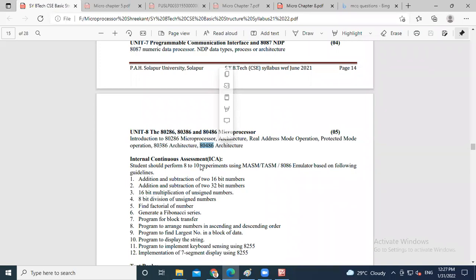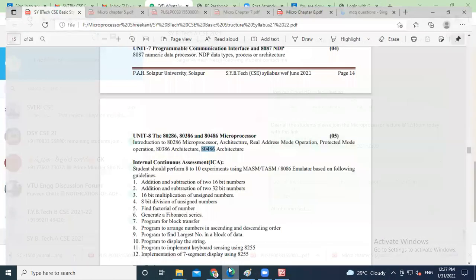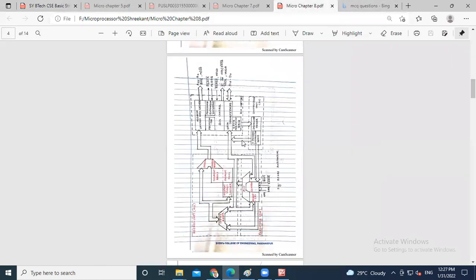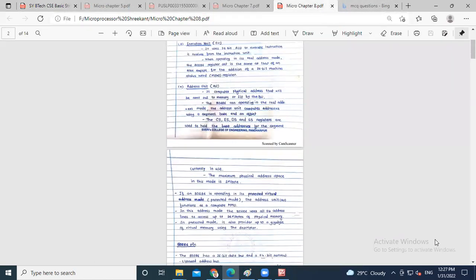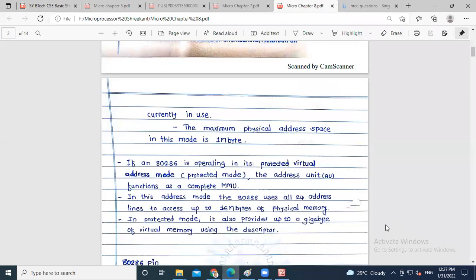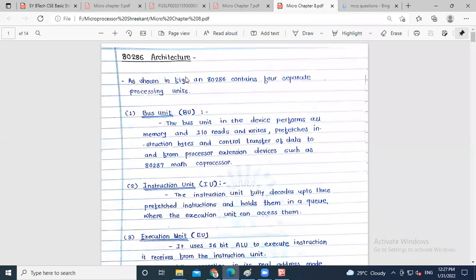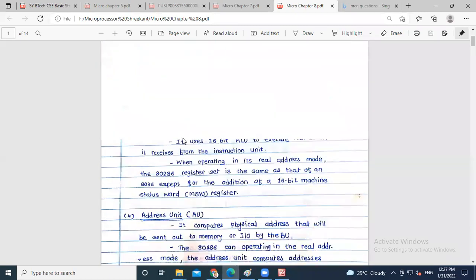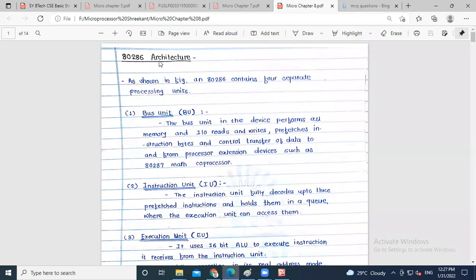So for that, I have prepared the notes. The notes are with you here. This is the notes for the 80286 architecture first.